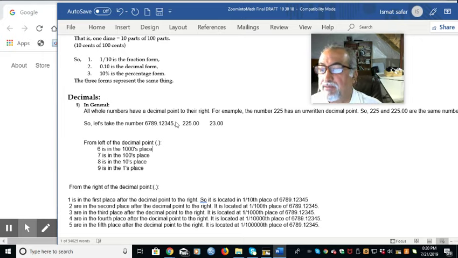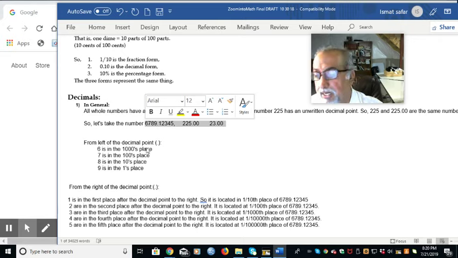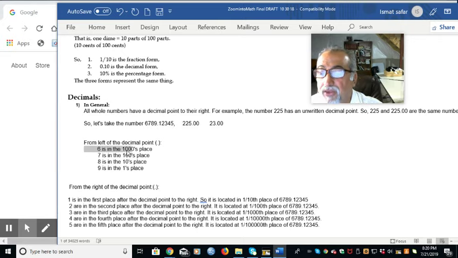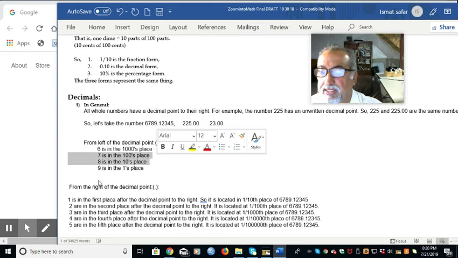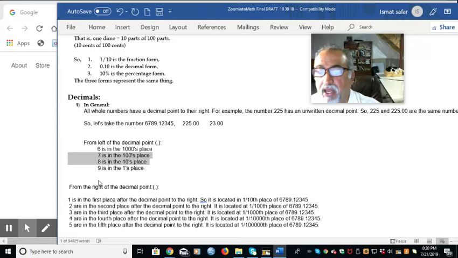Now if we have this number here, I'm going to make it a little bit bigger: 6,789 decimal point 1, 2, 3, 4, 5. From left to right, 6 is in the thousands place, 7 is in the hundreds place, 8 is in the tens place, and 9 is in the ones place, right?